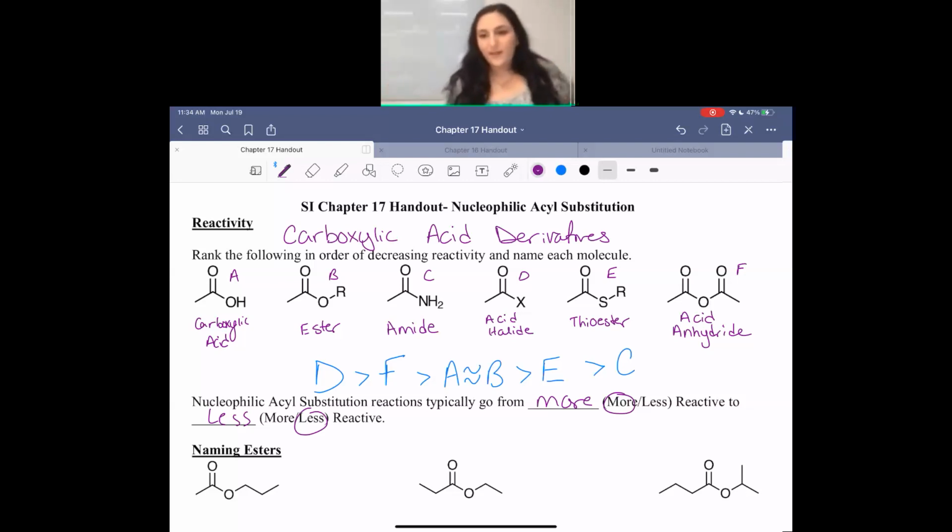We want them to be stable. And the reason reactions happen, usually, is to get things to become more stable. So in these kind of reactions, we always want to go from something closer to the more reactive side to something closer to the less reactive side. And I'll just mention here, more reactive, less reactive.